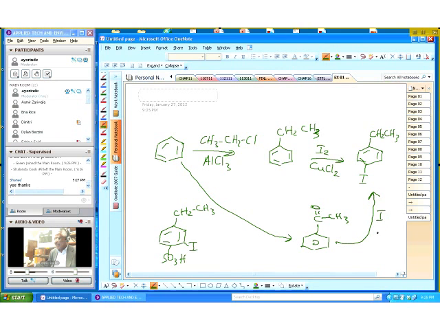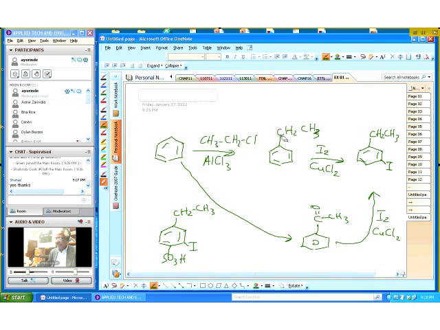And then from the acylation, we could now do the iodination, because that will now introduce to the meta position. Okay?